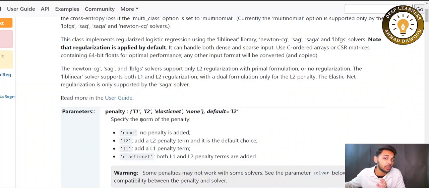But before importing, you should have some concepts of how these terms work, how L1 works. L1 is the L1 norm. It adds a penalty in the cost function to penalize your weights. We have discussed these penalties in detail when doing linear regression, in the sessions on lasso regression and ridge regression.